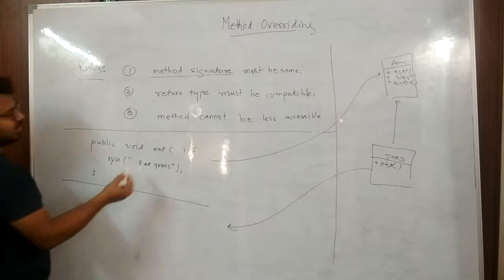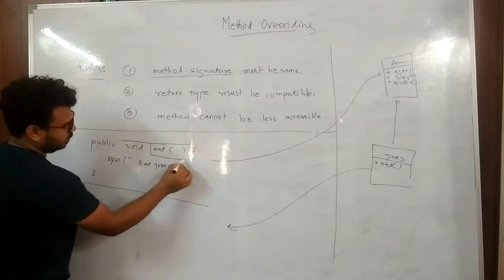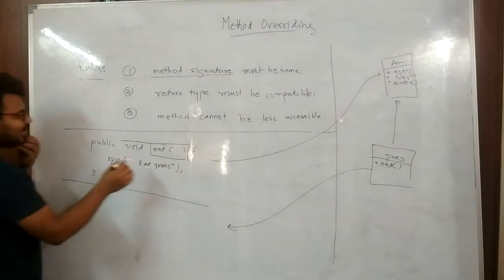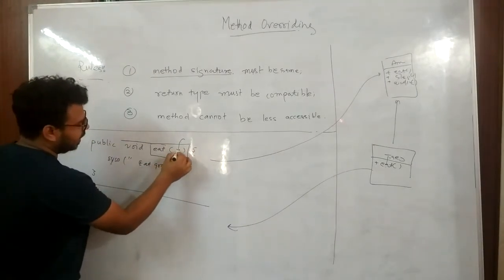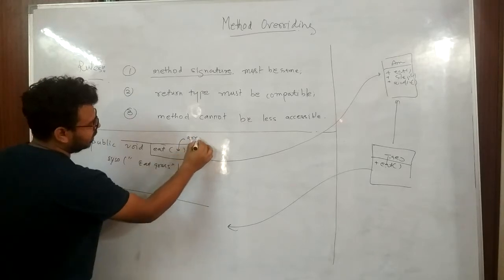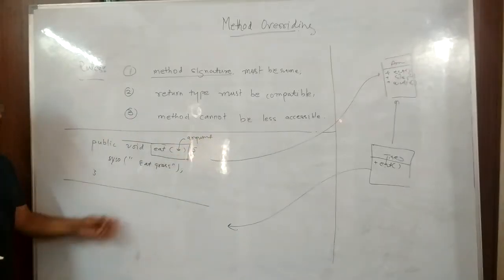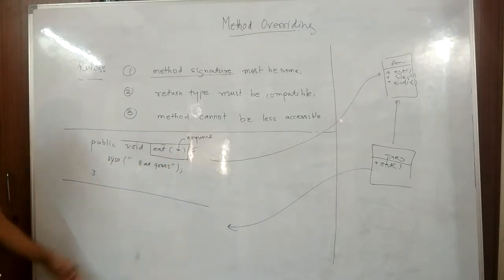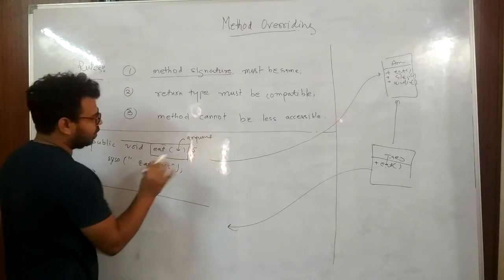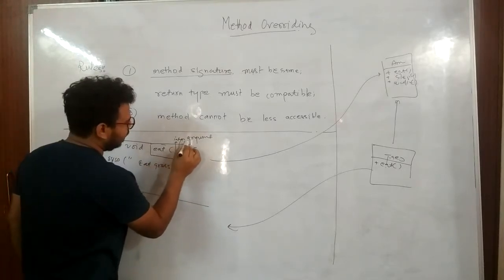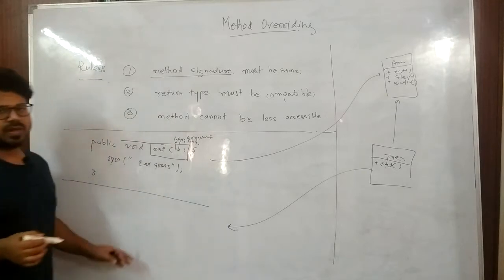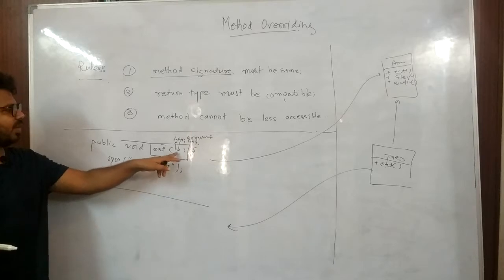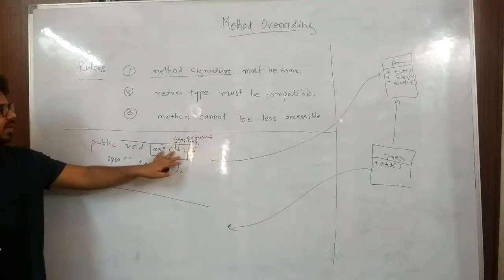So what is a method signature? A method signature is only the method name and its arguments, that is, its parameters. Suppose here we have parameters int a and int b.